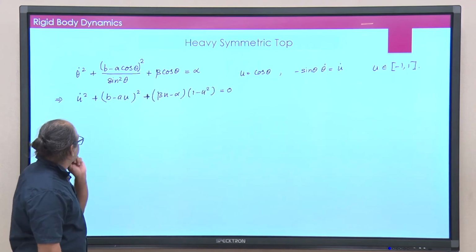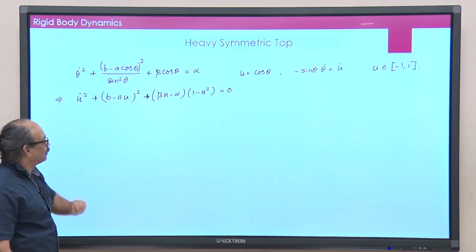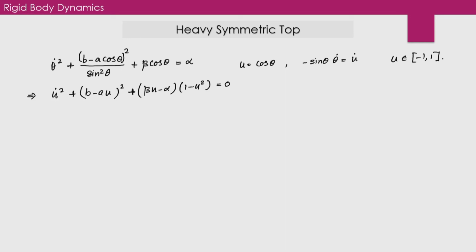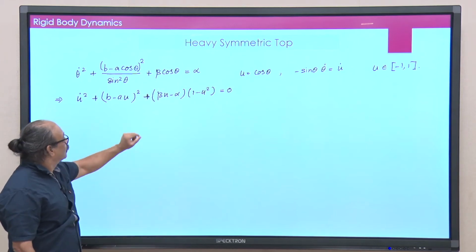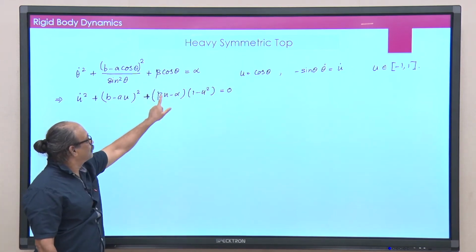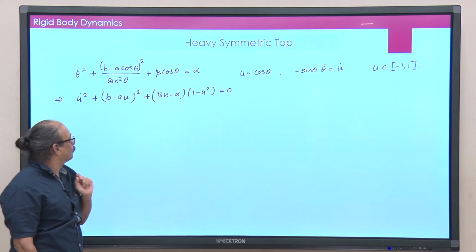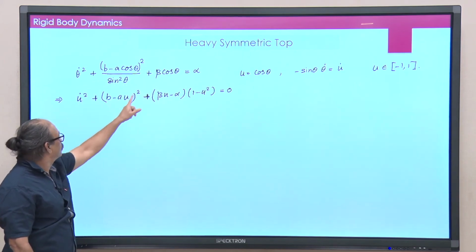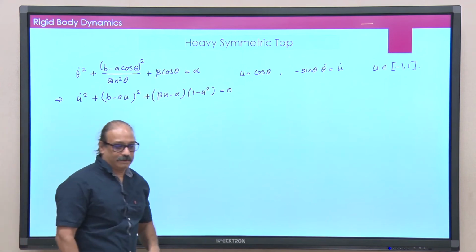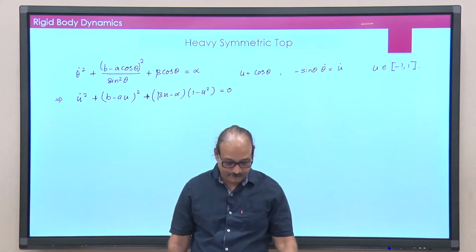Now, if I substitute this and do some small simplification, you can see that sin square theta becomes 1 minus u square, beta cos theta becomes beta u, alpha comes from the other side, and then you have (b minus a u) whole square and u dot square. Okay. So, the simplification is very easy.